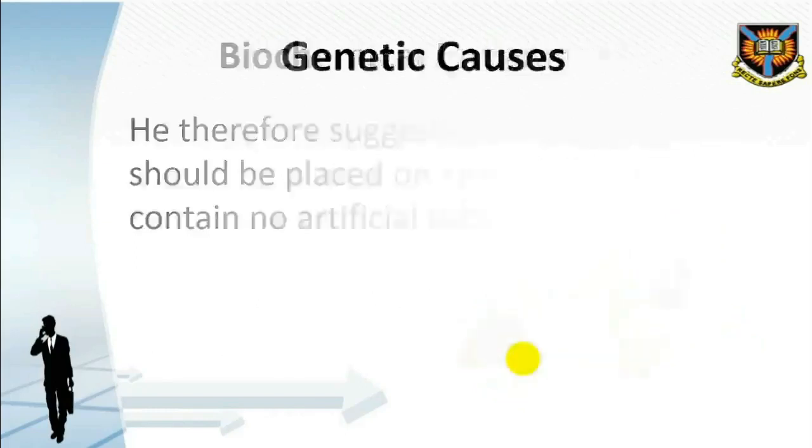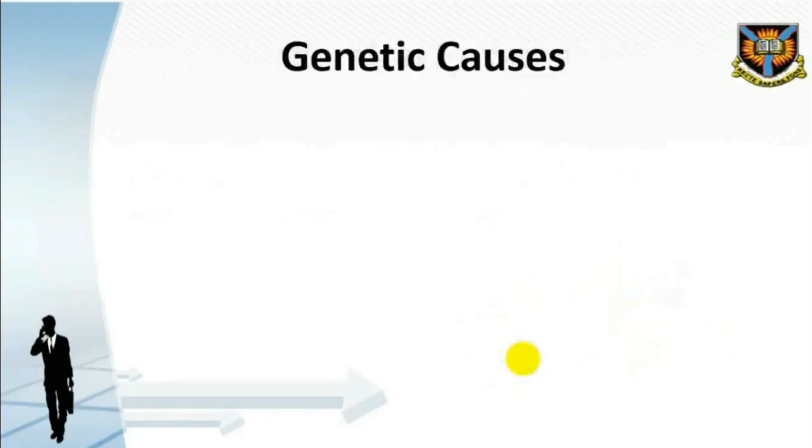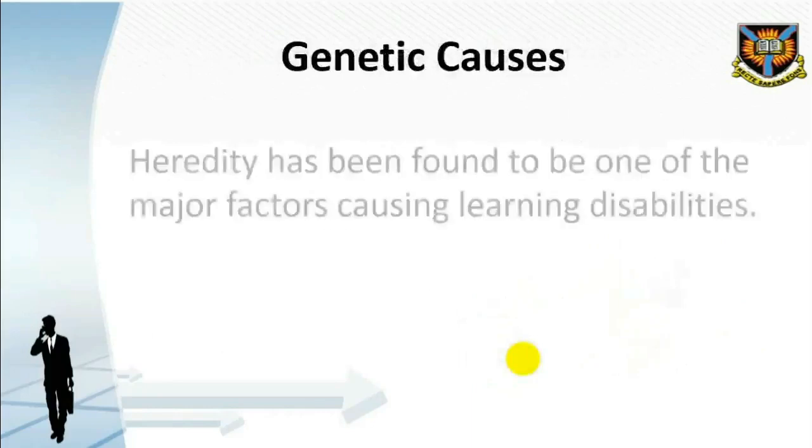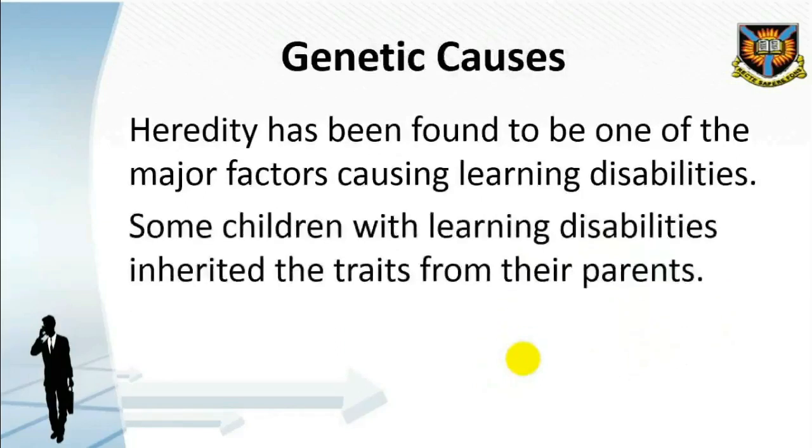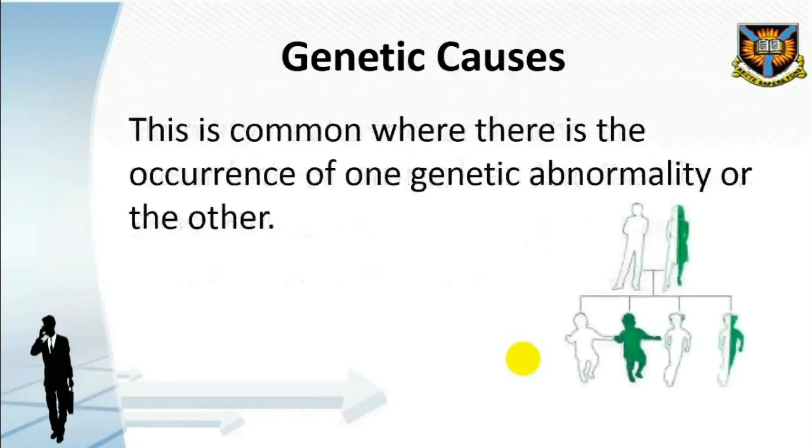4. Genetic causes. Heredity has been found to be one of the major factors causing learning disabilities. Some children with learning disabilities inherited the trait from their parents. This is common where there is the occurrence of one genetic abnormality or the other.